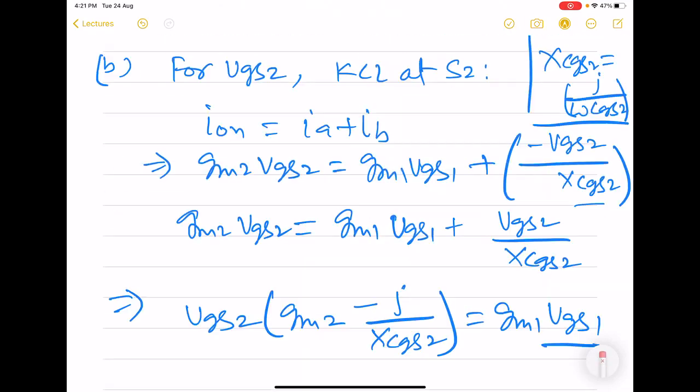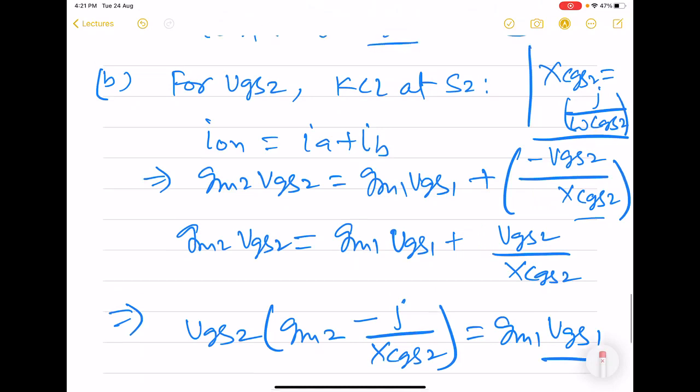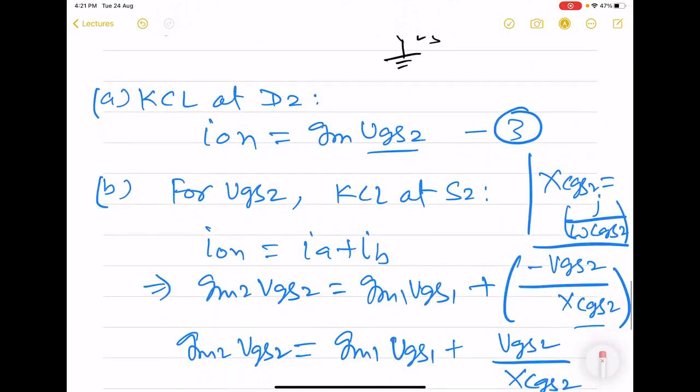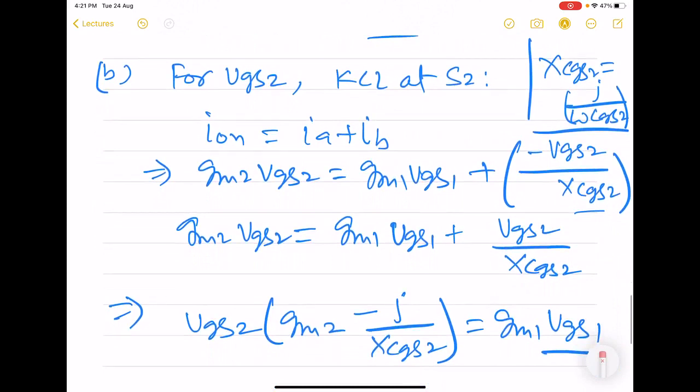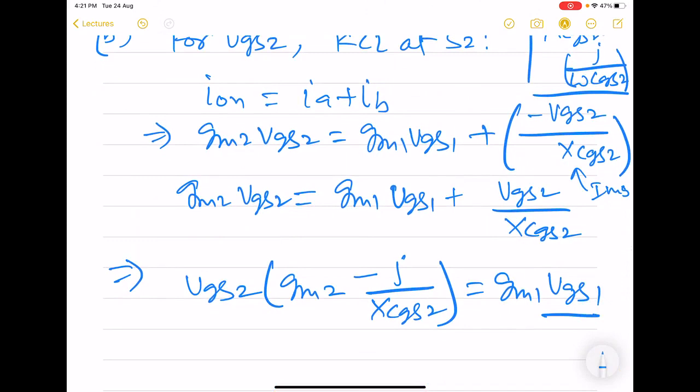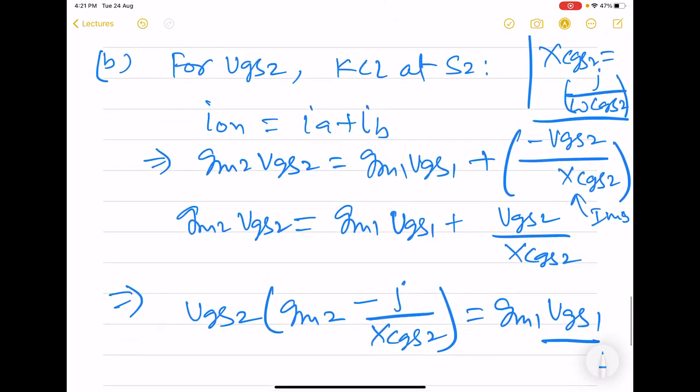So for this case, what we are doing is designating X CGS2 for j divided by omega CGS2. That means the complete reactance. So we'll keep in mind that this X CGS2 is basically an imaginary element. If we do this, then we won't have to worry about all those signs.